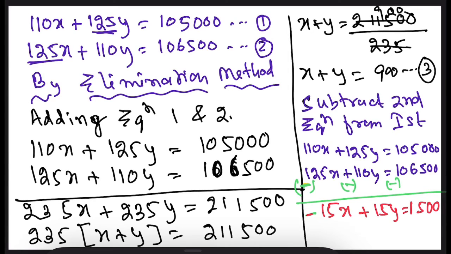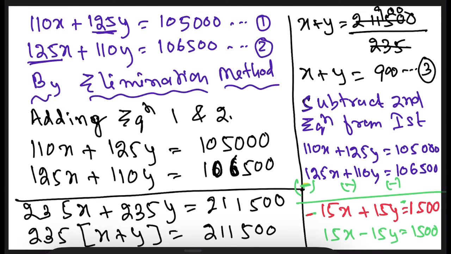Okay, so this is bigger, that's why this is minus. Okay, now let's make it positive. So multiply by minus: 15x minus 15y equals to 1500.